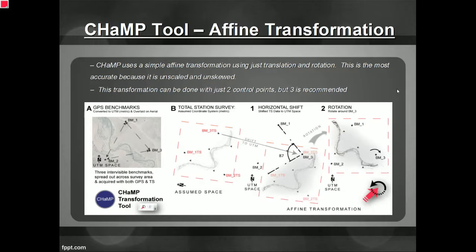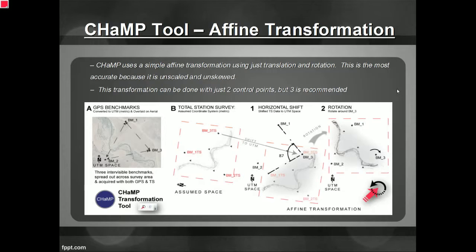Now, this picture here kind of gives you the basic concept of what the CHAMP tool does. You have your GPS control points or benchmarks. They're set up with the total station, but you'll also need projected coordinates on those same benchmarks, either with conventional GPS, handheld GPS, Google Earth, some kind of projected coordinate to go along with your assumed coordinates.